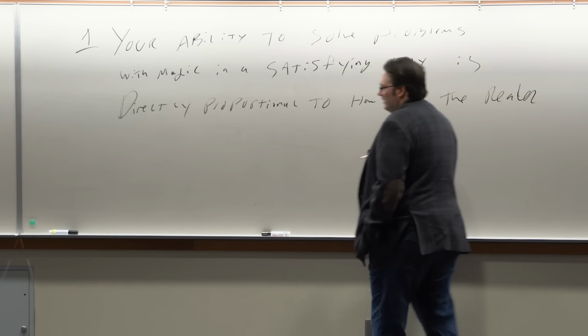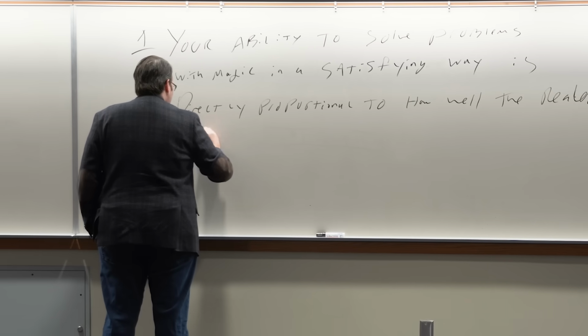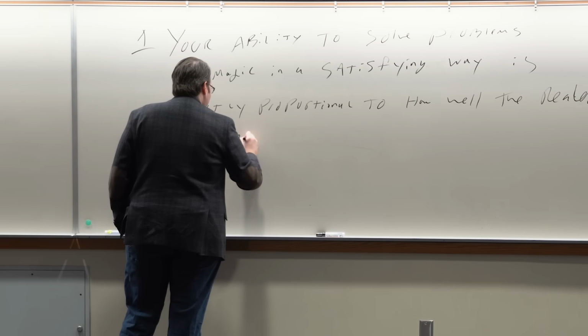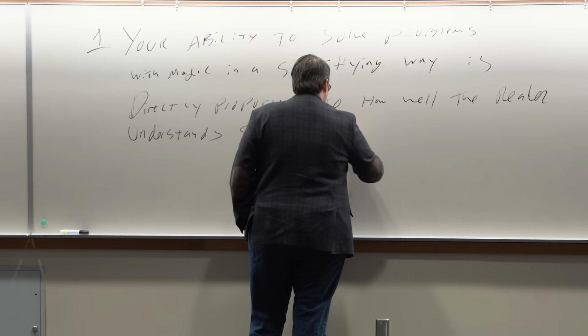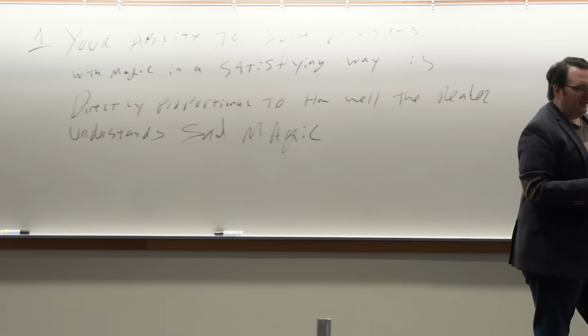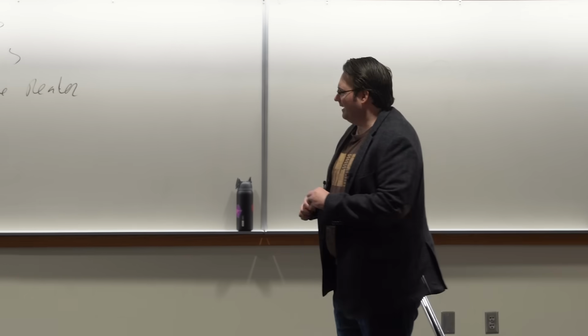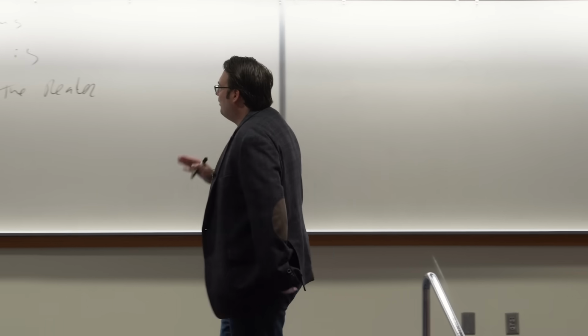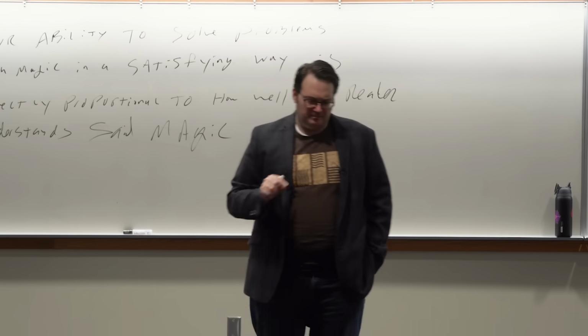You know, Isaac, I should make you write these in the future. All right. This is a technical way of explaining what I just told you a story about. Your ability to solve problems with magic in satisfying ways is directly proportional to how well the reader understands said magic.